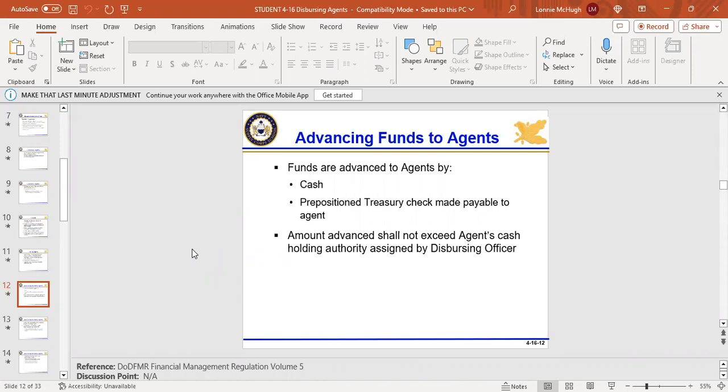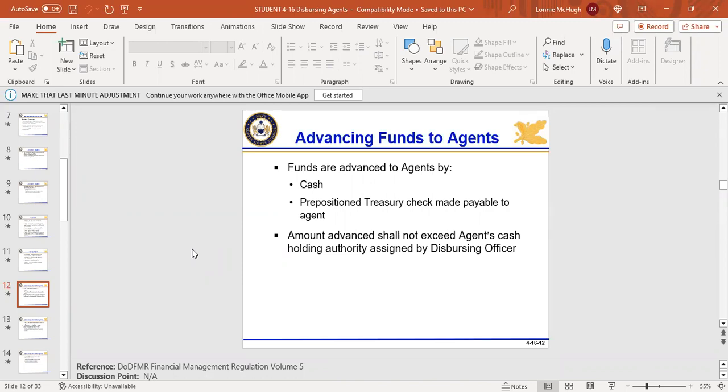All right. So the DD 1081 is filled out whenever the dispersing officer is advancing funds to an agent or an agent is returning funds to the dispersing officer. The funds that a dispersing officer can advance to an agent are cash or a pre-positioned treasury check.